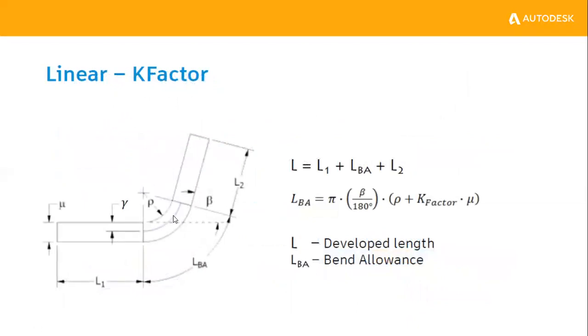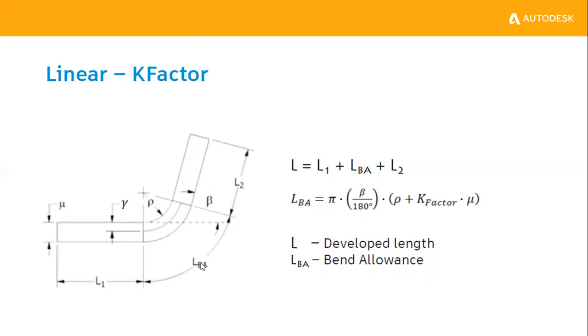Next, based on the equation, if you want to calculate this unblank length, L is the total unblank length that I will get once I unfold this sheet metal, and this is L1. You can see this is important, this LBA, the bend allowance. What allowance do we need to give?